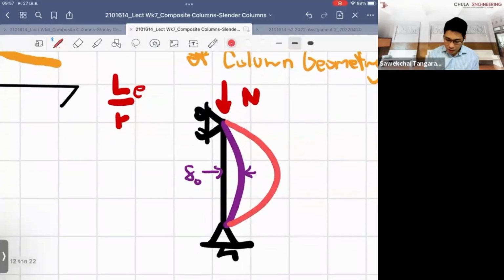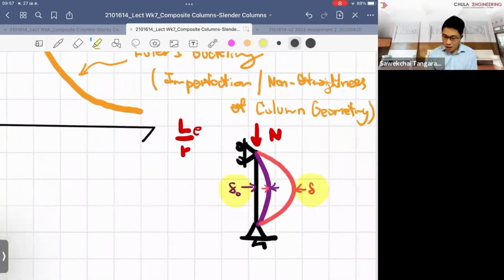So that's why we have another lateral deformation.